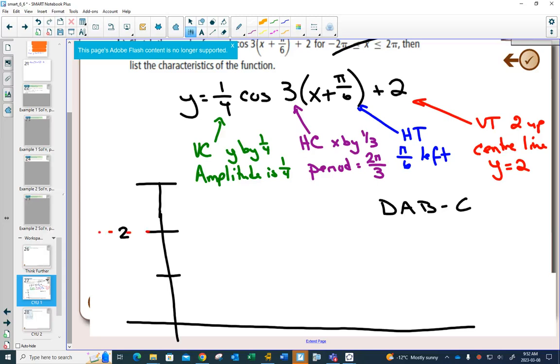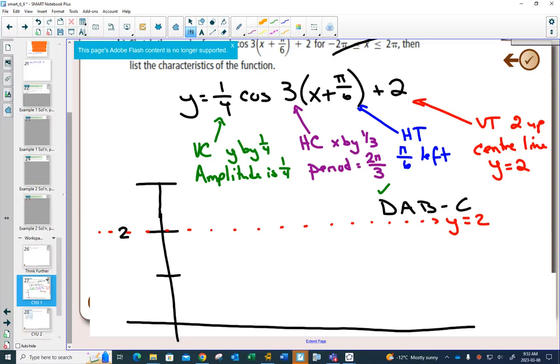Take out a red pen. Draw a dotted line at y equals 2. I was already also thinking about my amplitude when I drew things here, because I knew my amplitude was 1/4 or 0.25.